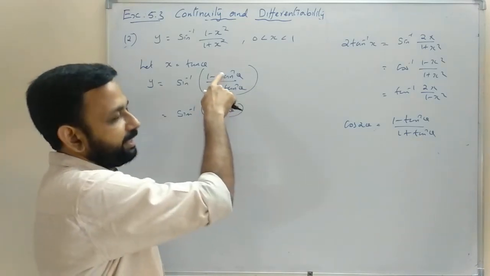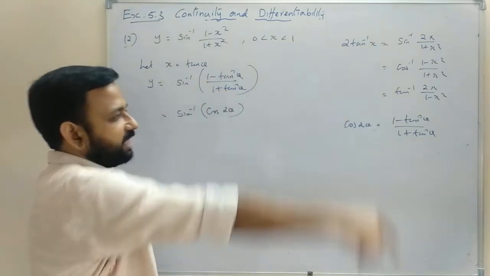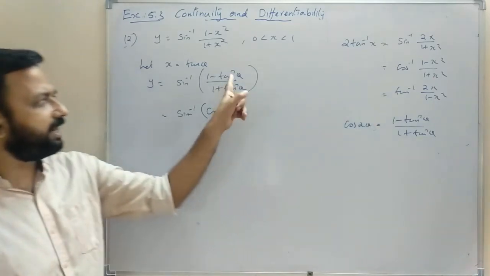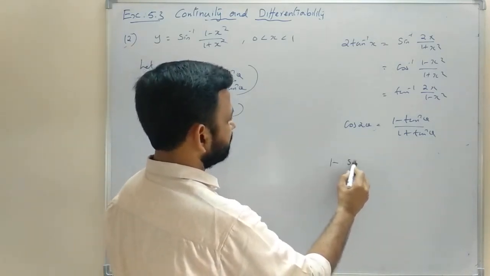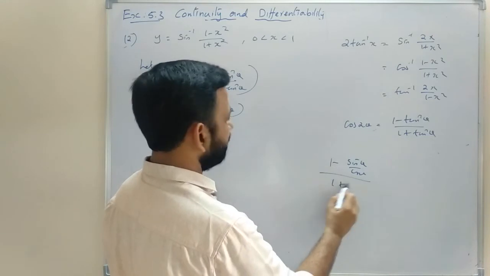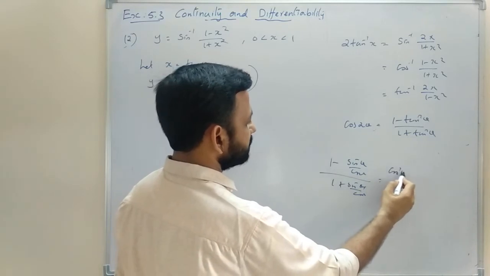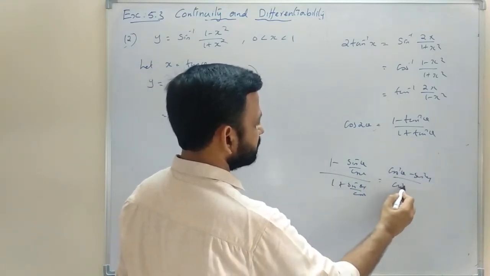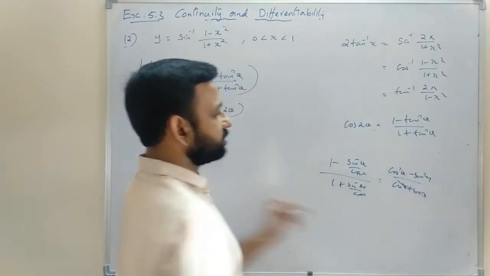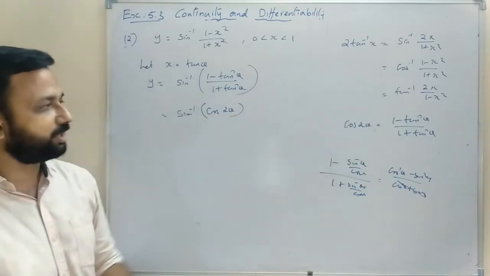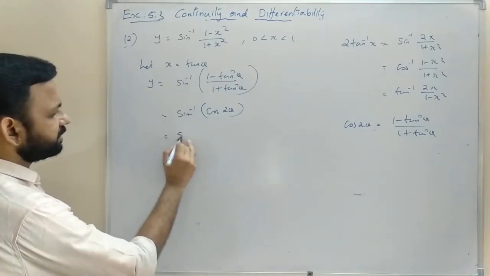Writing tan square as sin square theta upon cos square theta, when we take the LCM we get (cos square theta minus sin square theta) divided by (cos square theta plus sin square theta), and the denominator is 1. So cos square theta minus sin square theta is cos 2 theta, the same. So directly we can write it, that is easy.